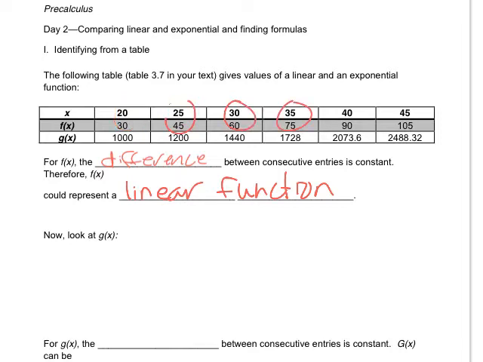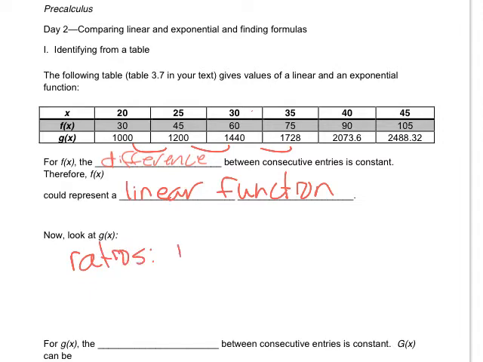So let's look at g of x. G of x is a little bit different for each of those values. The differences don't step up the same amount each time, but there is a pattern to it. So the difference is not constant, but if we look at the ratios, we can see something.